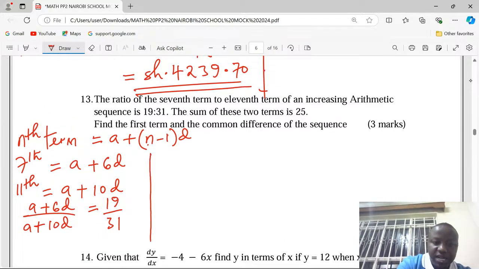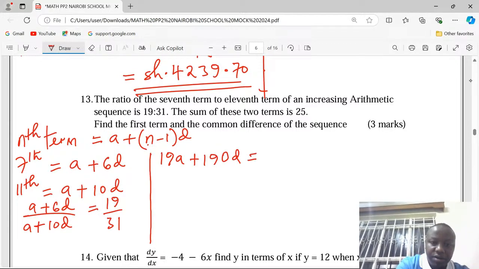Let's continue solving. Through cross multiplication, we can talk of 19A plus 190D.